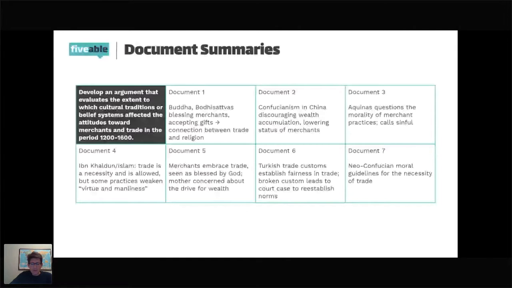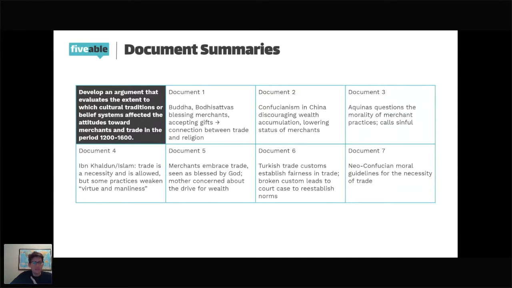Ibn Khaldun mentions that the nature of trade often is one that is deceitful, it's evasive. And he says those qualities can lead to a decrease and weakening in virtue and manliness. So this idea that if one is not very conscious of his trading practices and trading in line with what the religion prescribes, then yes, immorality could result.